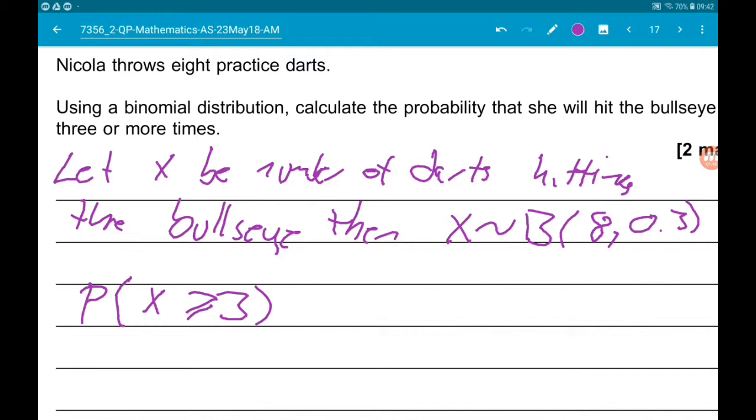So the probability that x is greater than or equal to 3 is 1 minus the probability that x is less than or equal to 2. So the probability that x is less than or equal to 2 is what our calculators can work out for us.